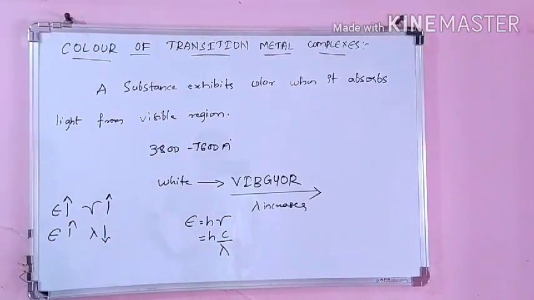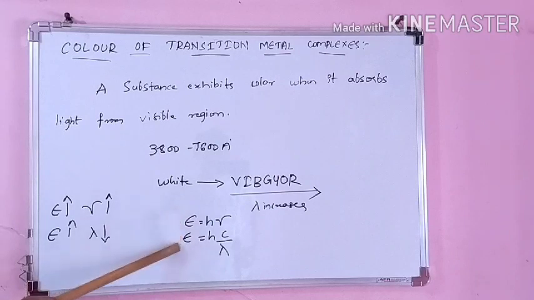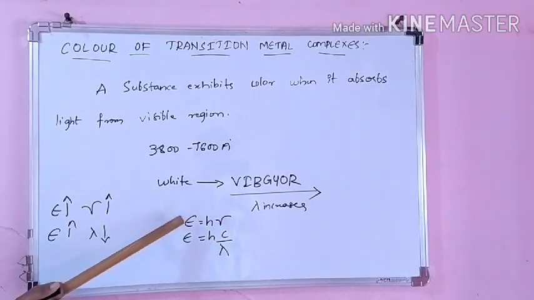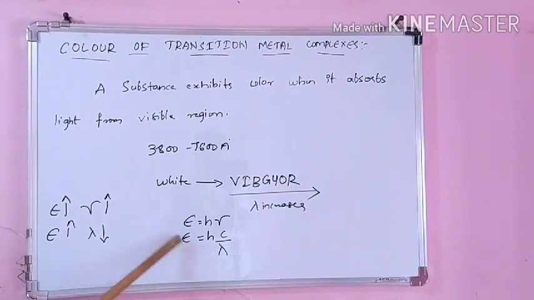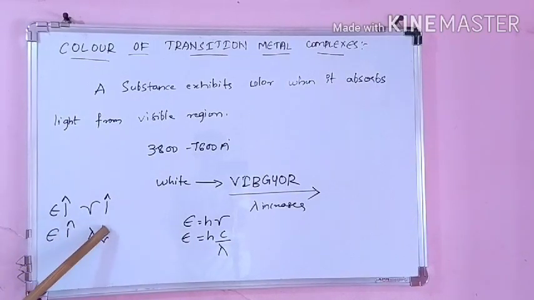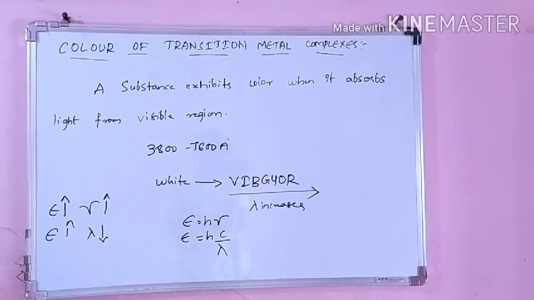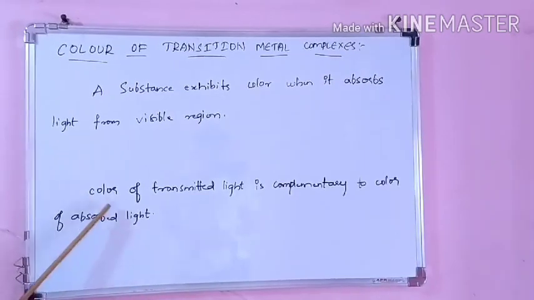From these two relations, E and frequency are directly proportional, both will increase at a time. E and wavelength are inversely proportional: if one is increasing, the other is decreasing. This you should know.